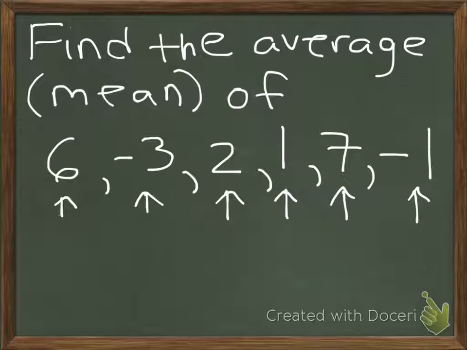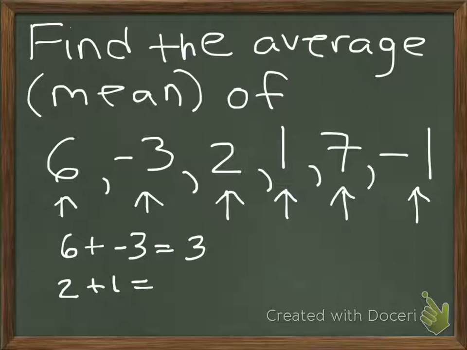So 6 plus negative 3 is going to give me positive 3. Then I can take the next two numbers, 2 plus 1. That's also going to give me positive 3. And then the next two numbers, 7 plus negative 1. And that we are subtracting and taking the higher number sign, so that's going to give us positive 6.